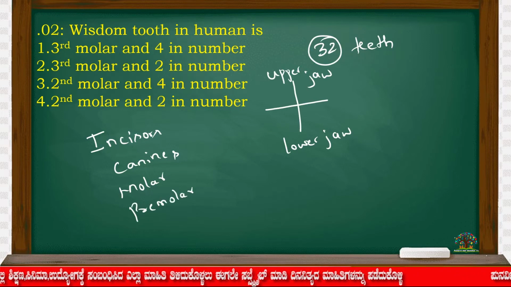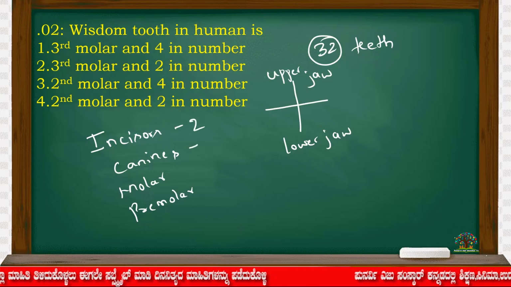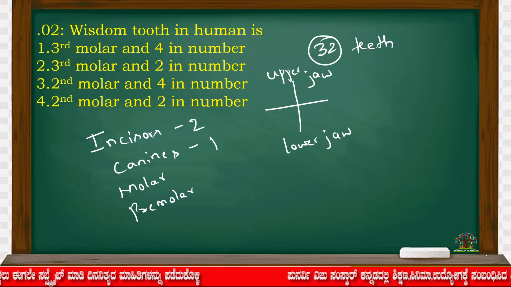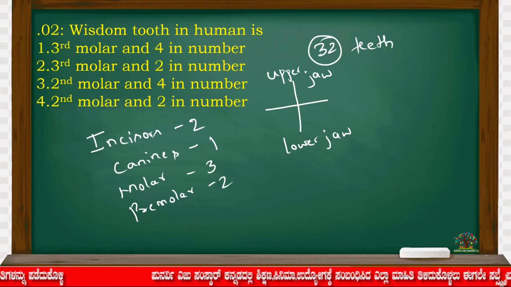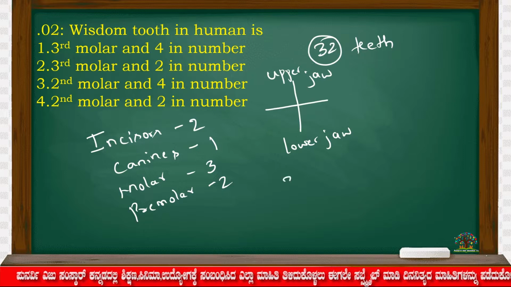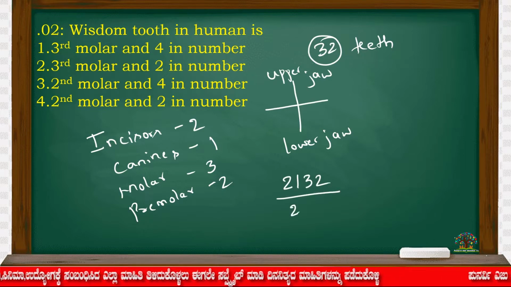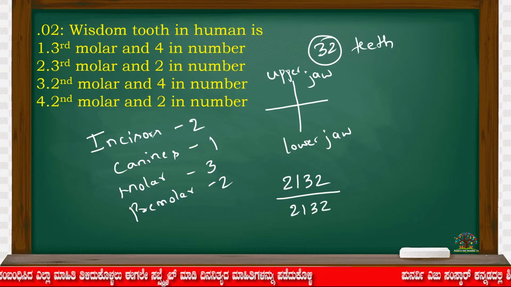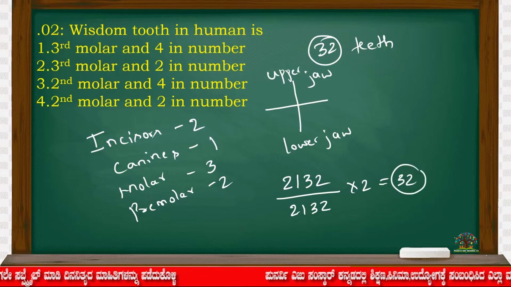In each quadrant, incisors 2, canines 1, premolar 2 and molar 3, and the dental formula would be 2123 upon 2123 into 2, which is equal to 32.